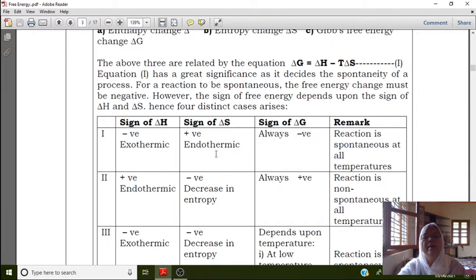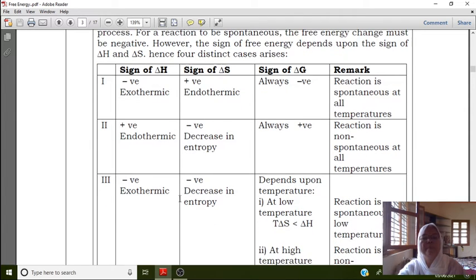That means that reactions are endothermic, and the entropy change for a non-spontaneous process decreases. Then the change in enthalpy for an exothermic reaction is negative, and for an endothermic reaction it is positive.